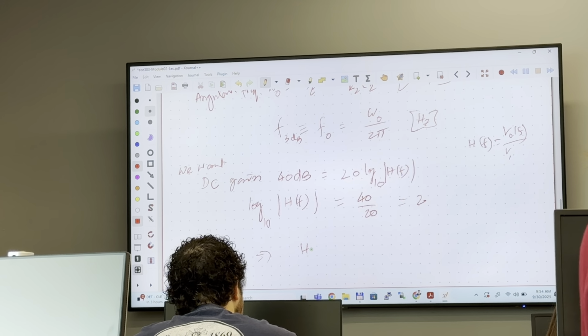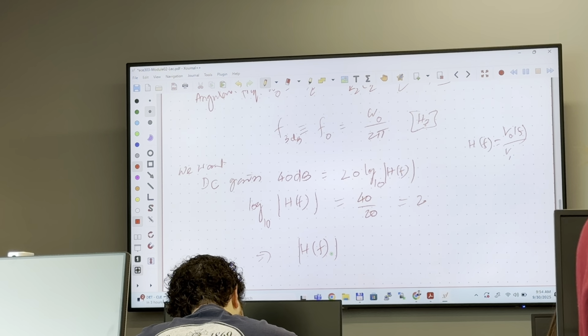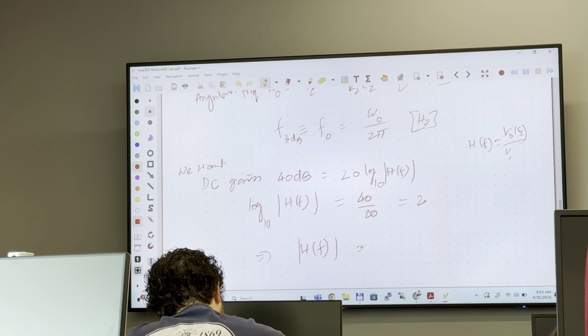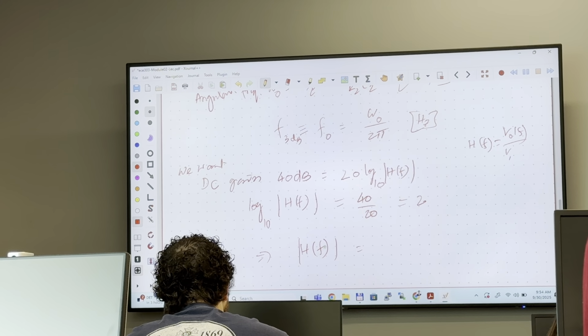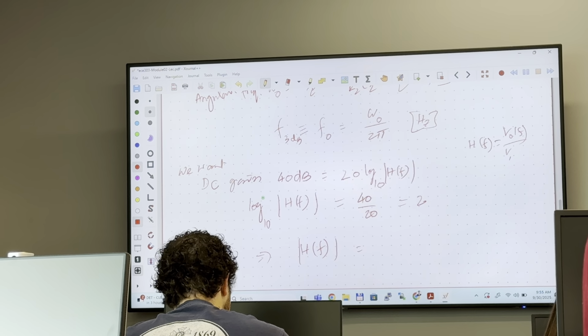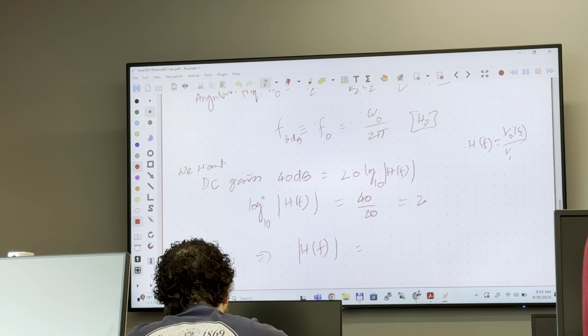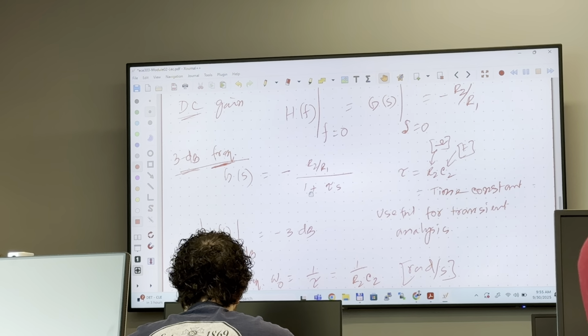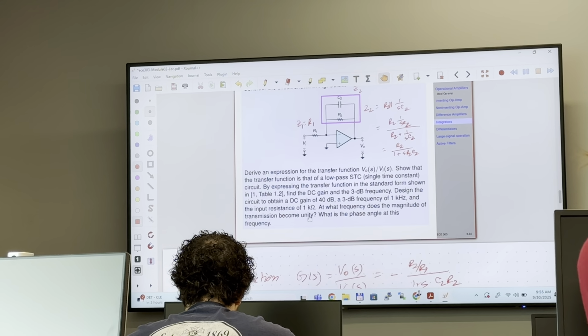Now what is H of f? It's the expression minus R2 over R1. Previously we found the expression for DC gain, but here we want to design the circuit to obtain a DC gain of 40 dB.